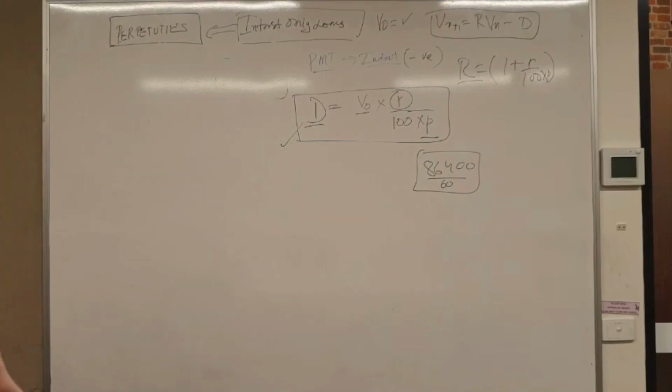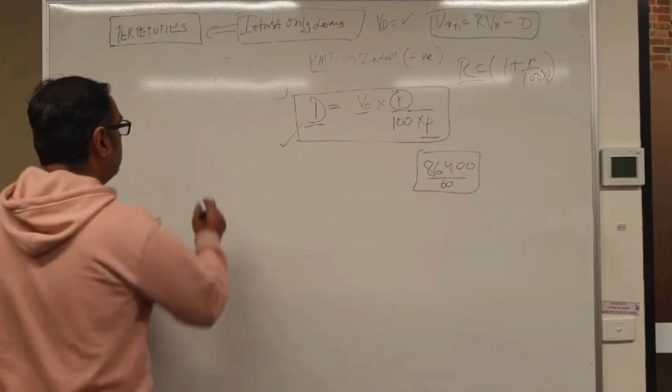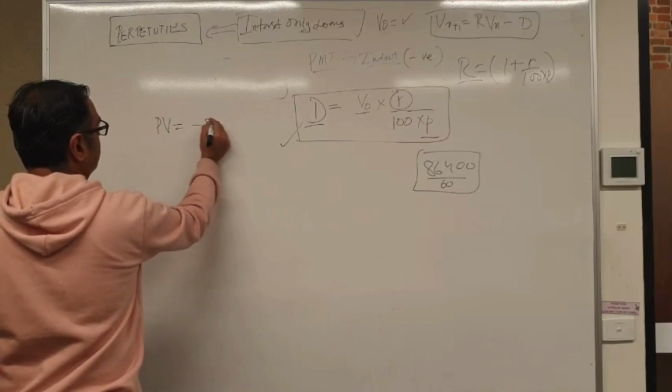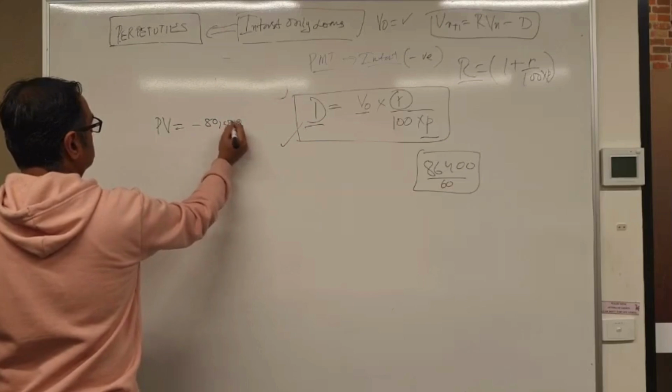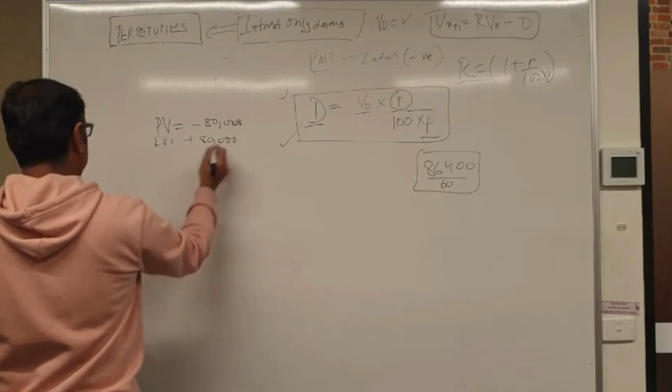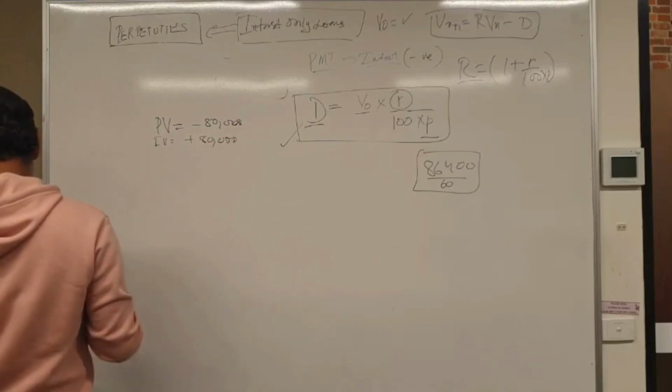The question says Sandra has $80,000 to invest. So her PV is negative 80,000, and her FV is positive 80,000. Correct?